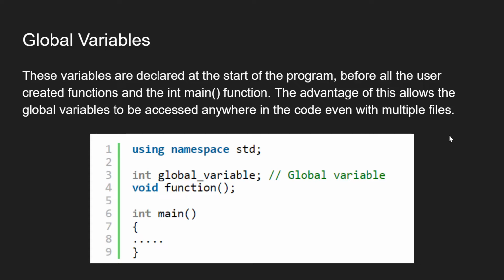So you could have multiple header files, multiple C files, and if you declare a variable global, you're still going to be able to access that global variable declared in that one file. So there's the code example here of declaring a global variable.